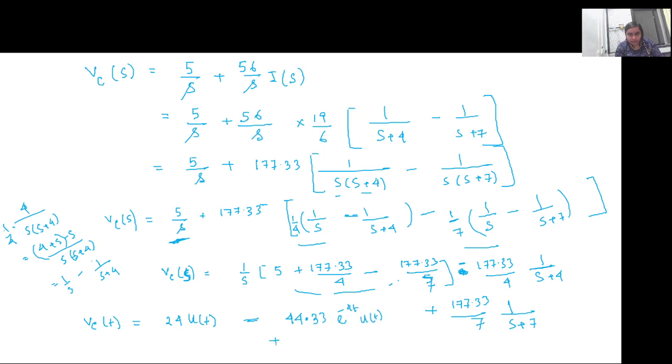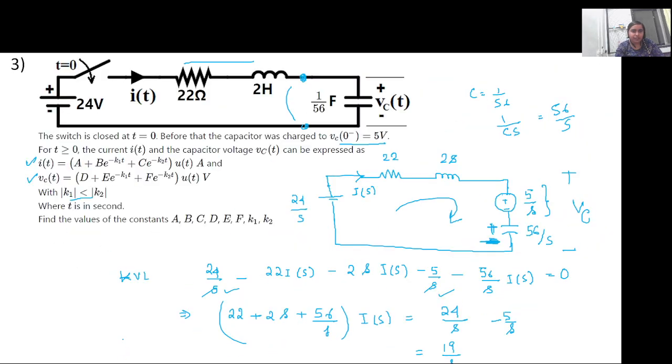and the other term is 177.33 divided by 7, which is 25.33, so 25.33 e to the power minus 7t u of t. This is the final expression, and in the question it is given in terms of a constant, e into e to the power something, f into e to the power something.